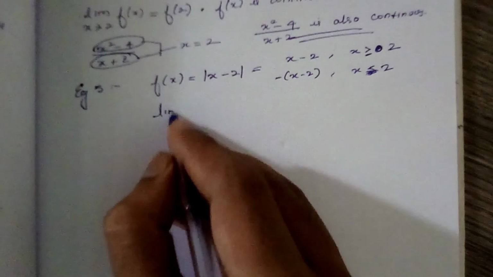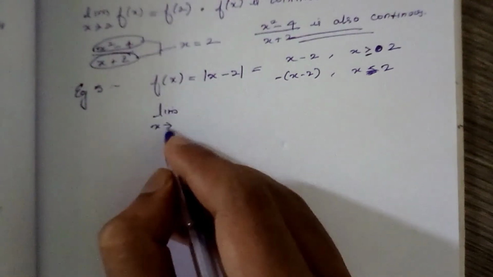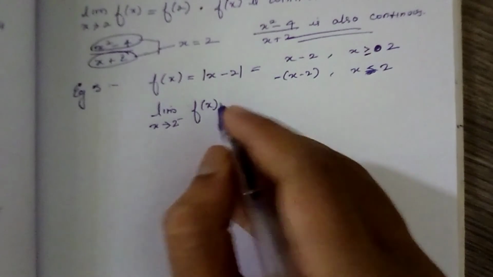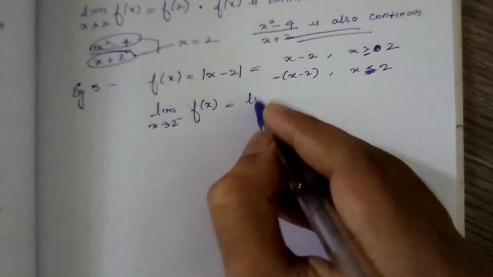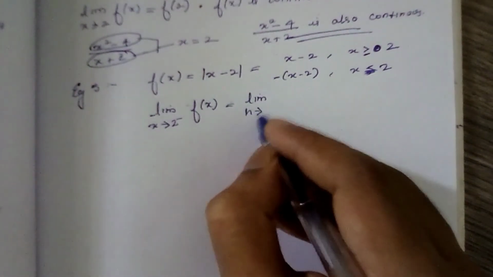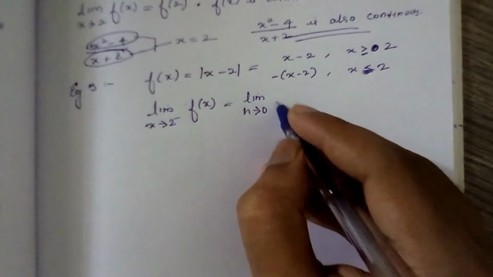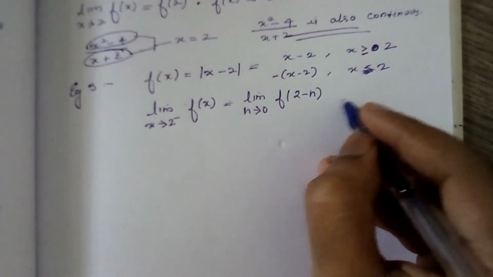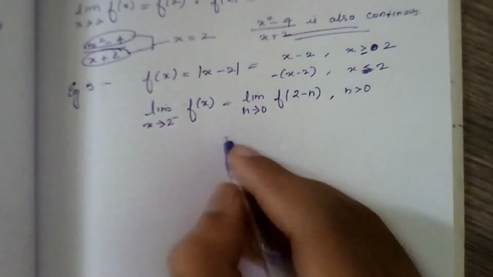Limit x tends to 2 minus f of x equals limit h tends to 0 f of 2 minus h for h greater than 0.